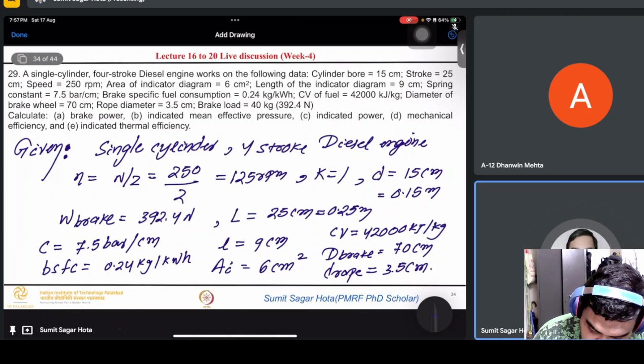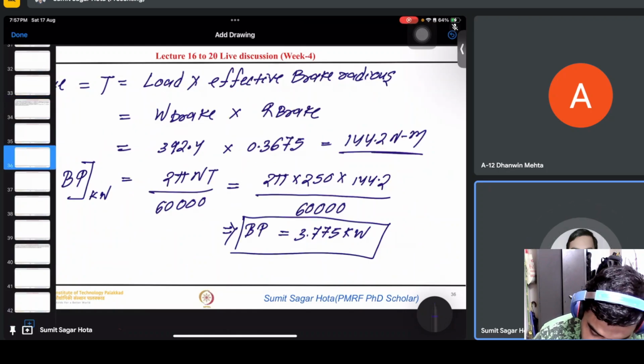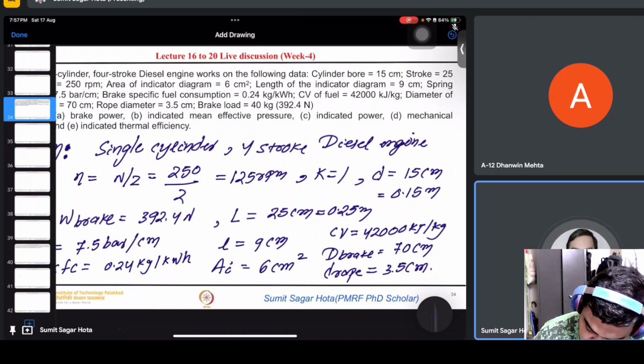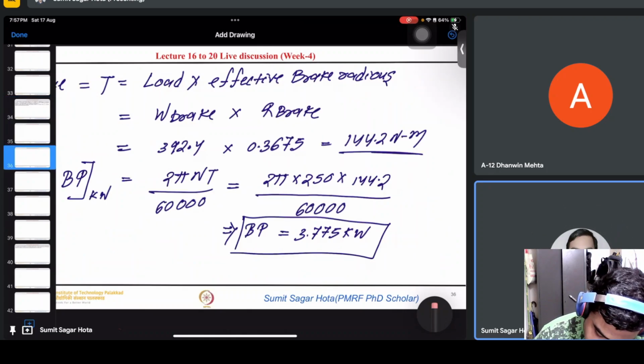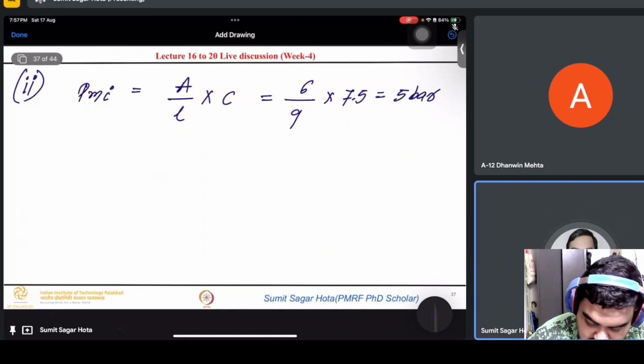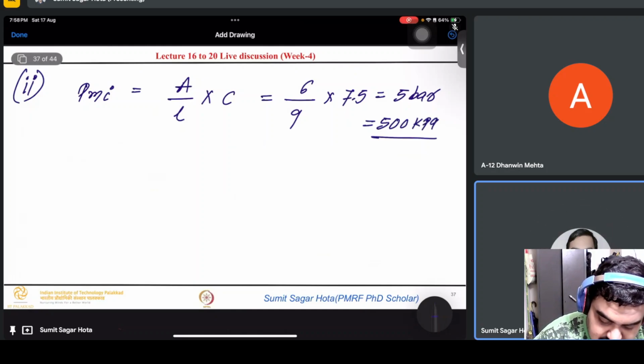L and A are also in centimeter and centimeter square. So you can write it as 7.5, which gives the pressure in units of bar, which is 5 bar, converted into kilopascal, which is 500 kilopascal.